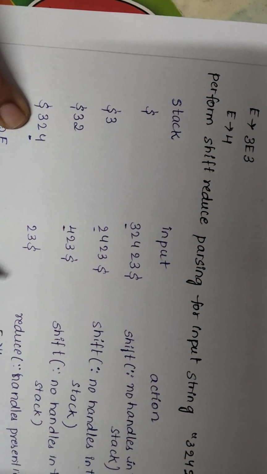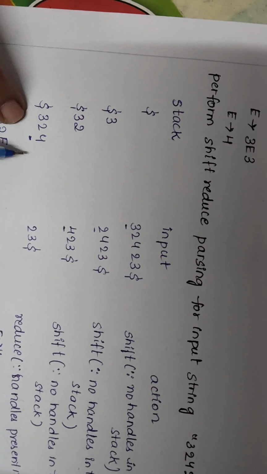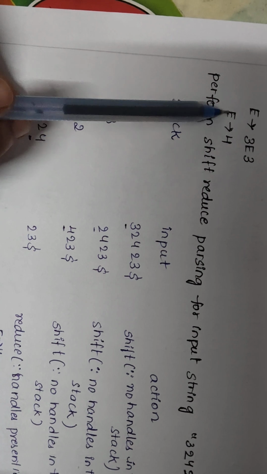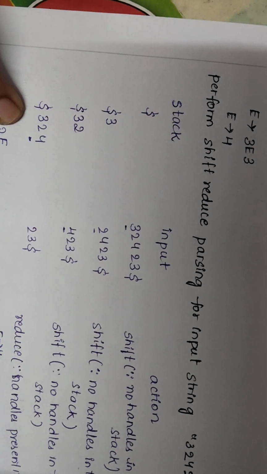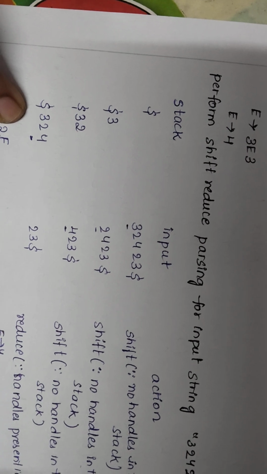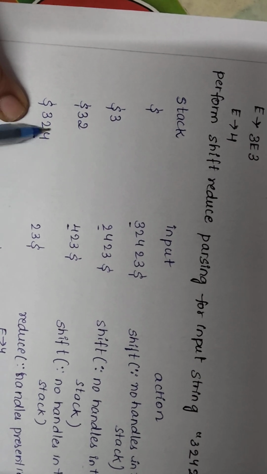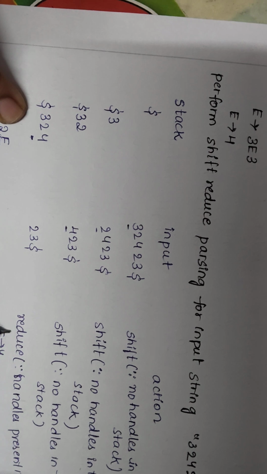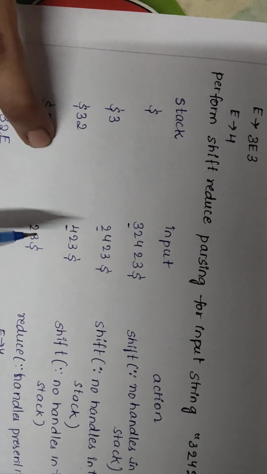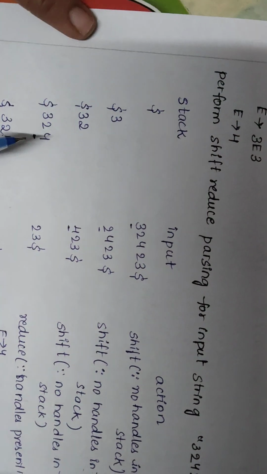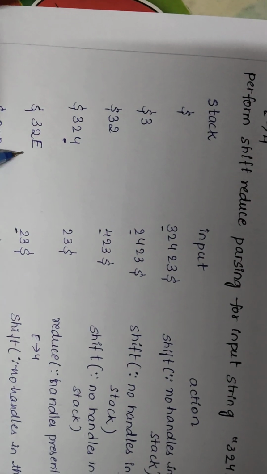While performing reduce, this 4 is derived from E produces 4, so you need to write reduce E produces 4. So this element you need to pop and you need to push this element into the stack. See, I have popped the 4 and just pushed the E here.